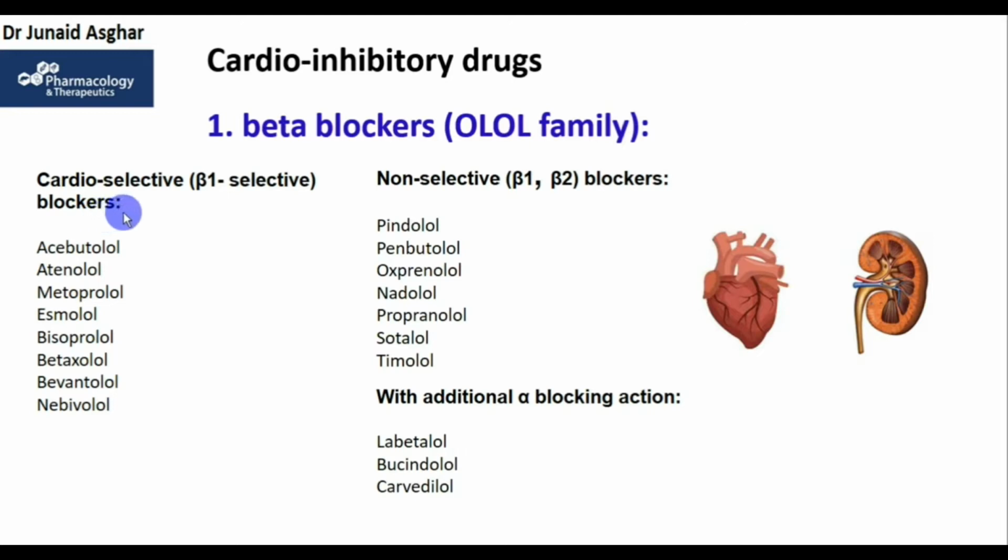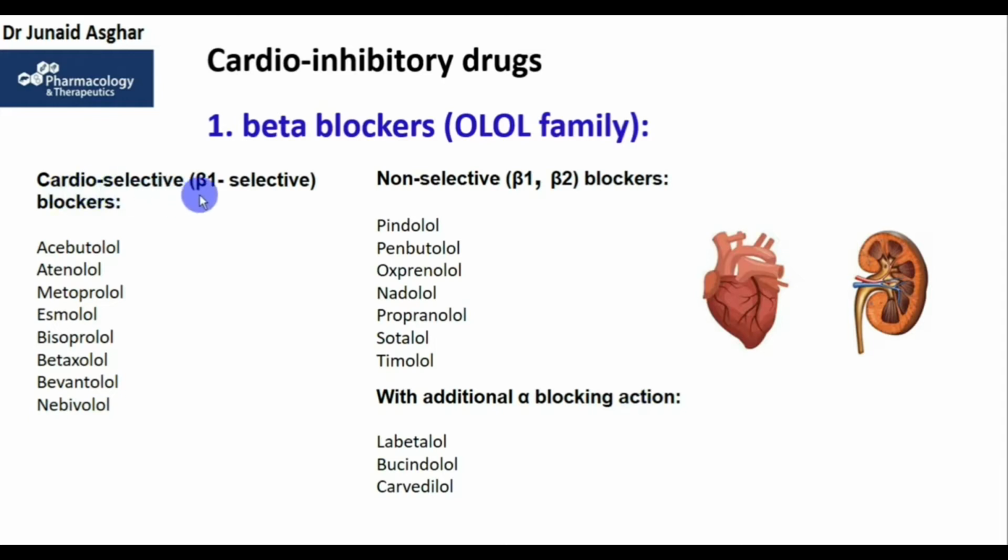They are further subdivided into three classes, including cardioselective or beta-1 selective blockers, the non-selective, which means blocking both beta-1 and beta-2, and the ones with an additional alpha blocking action.